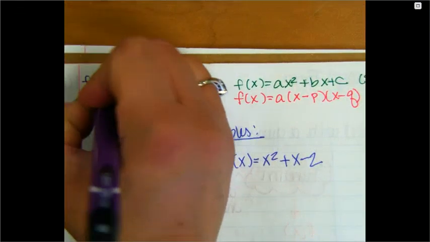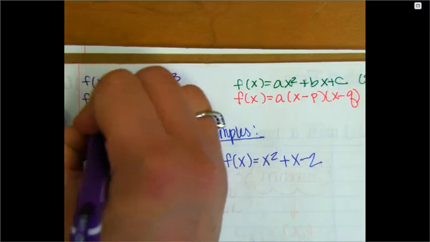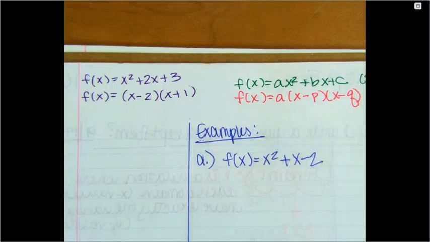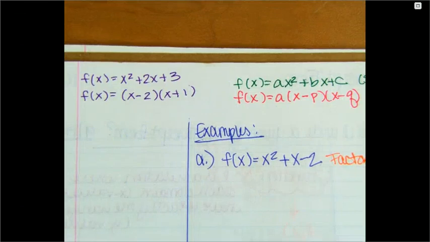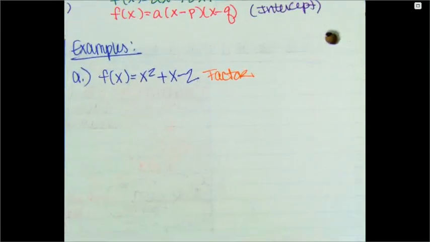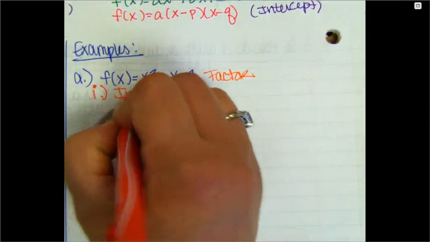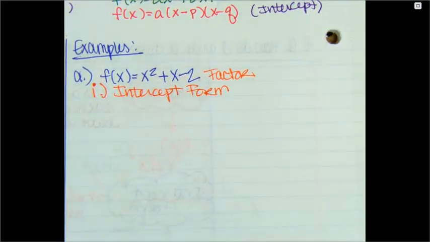How am I going to go from here to here? ABC, which is your factor. So we're going to factor. The first step is number 1. We're going to find intercept form. In order to find intercept form, we have to factor. Do you know how to factor? Most of you do. So factor.